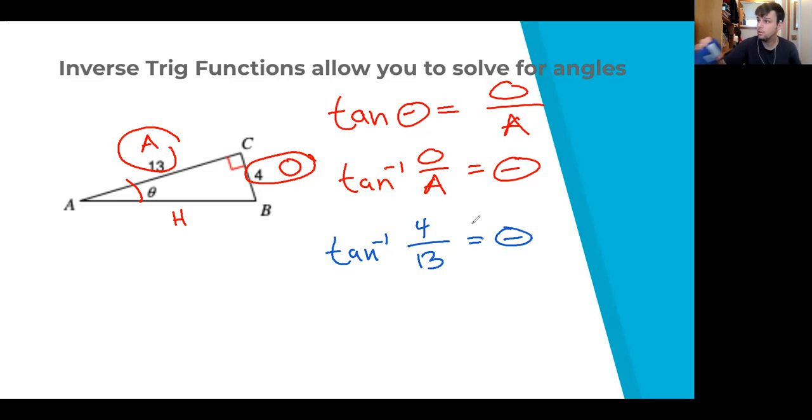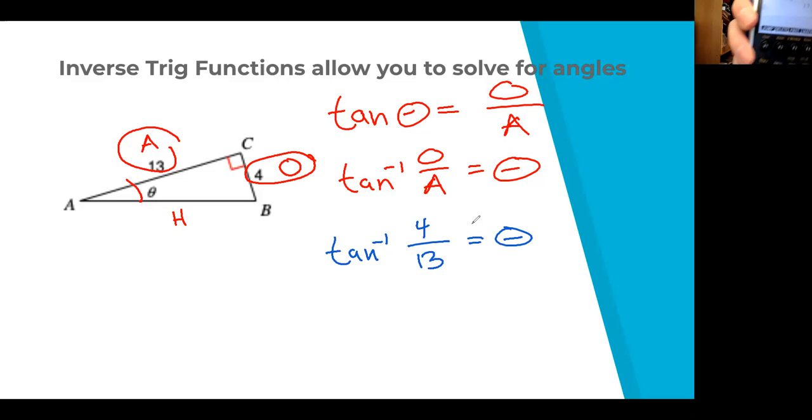And now we just need to use a calculator. In these cases, a lot of times you have to hit shift or second or something. The inverse buttons tend to be right above the regular trig functions. So here on my calculator, we have sine, cosine, tangent, and then right above them in orange is sine inverse, cosine inverse, and tangent inverse. So I have to hit shift and then tangent to get this.